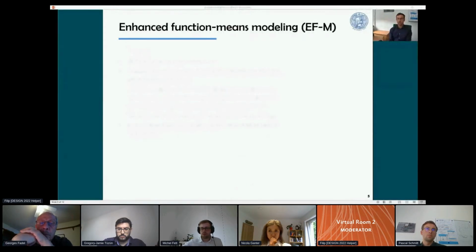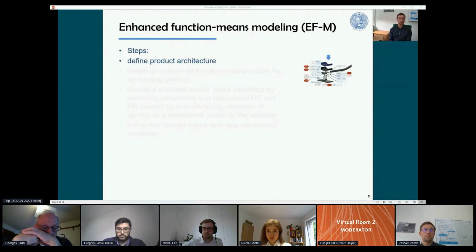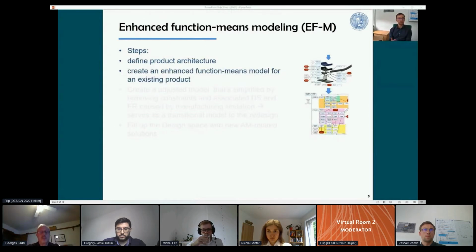The application of the enhanced function means model can be subdivided into the following steps. First, define the product architecture. Second, create an enhanced function means model for an existing product.